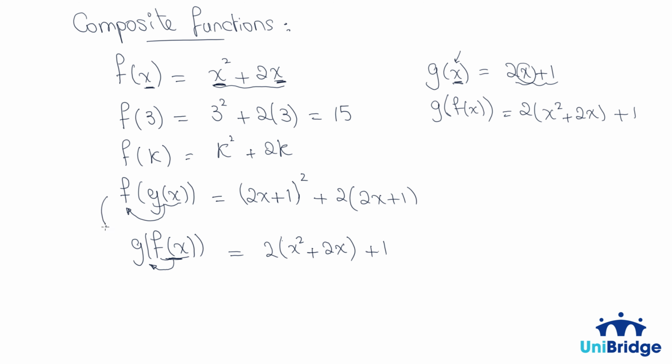You can notice the difference between these two expressions, because it depends. If you have the f outside and the g inside, this means that you'll put the g inside the f. Replace each x inside the f with g of x. But here you have the g outside and the f inside, so you'll replace each x with f of x.